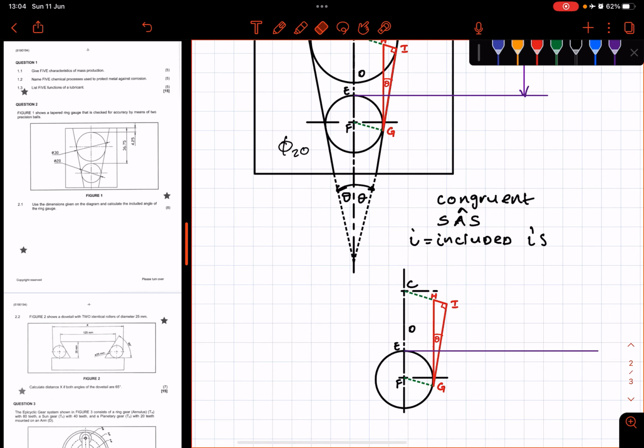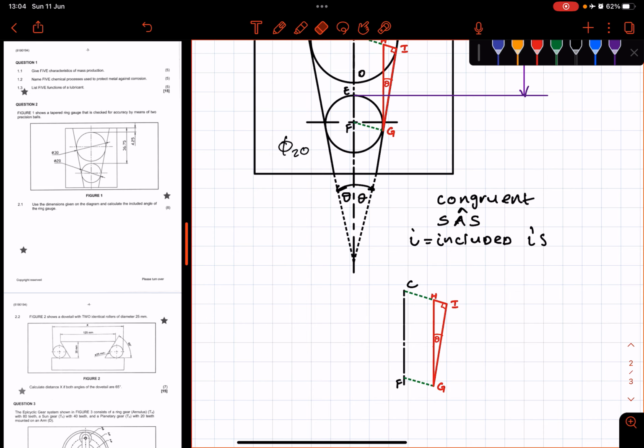We get this parallelogram, CHFG or CFGH.